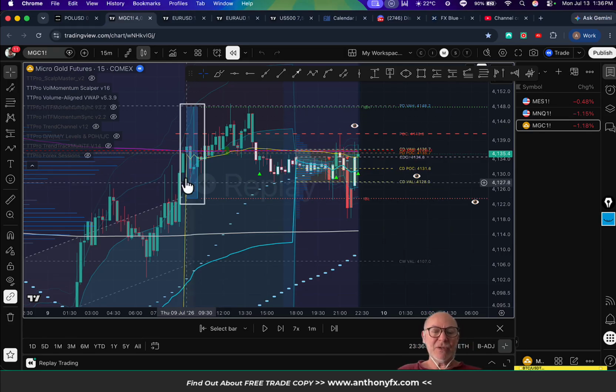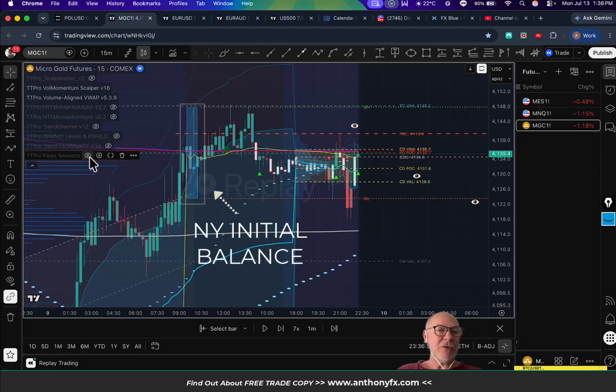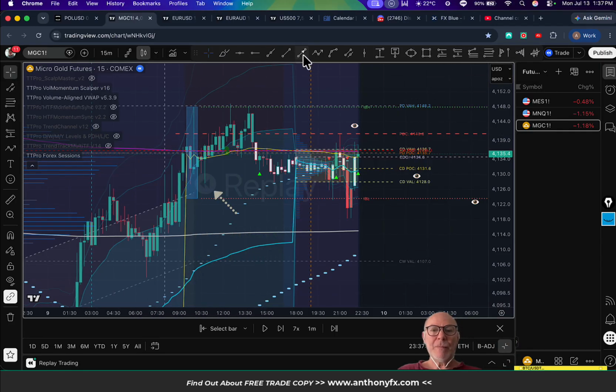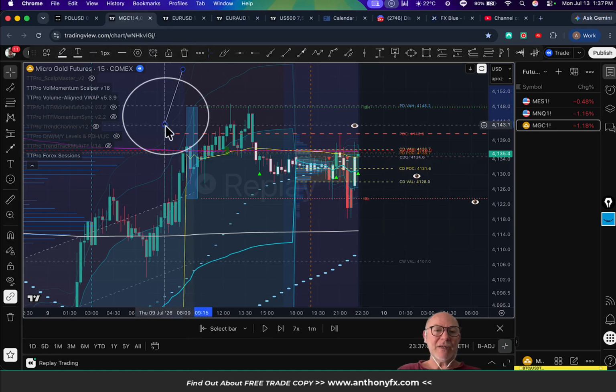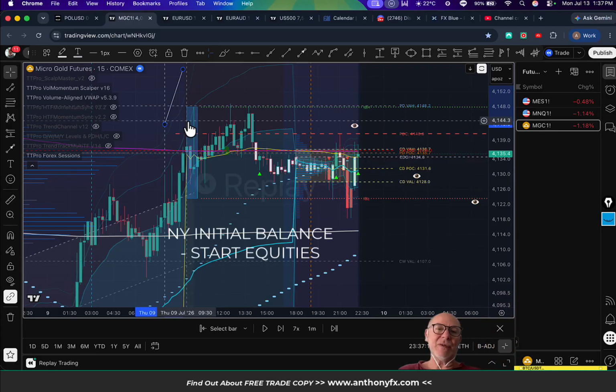This shaded zone is the New York initial balance. New York Forex sessions. This is the New York Open right there. That line, you can see it. And we've got this set up to run when the equities kick off. So the equities kick off at 9:30, and I like to track the volatility between 9:30 and 10:30.